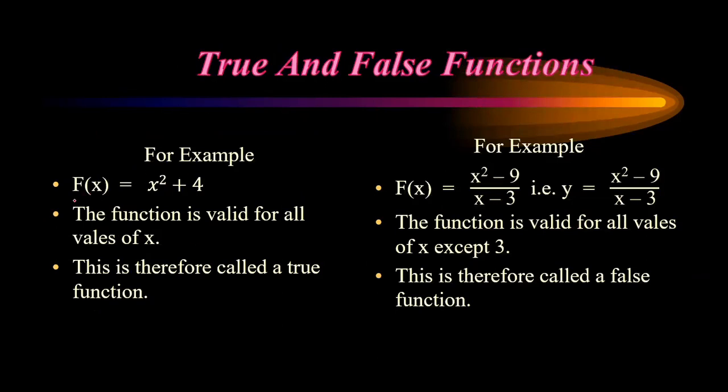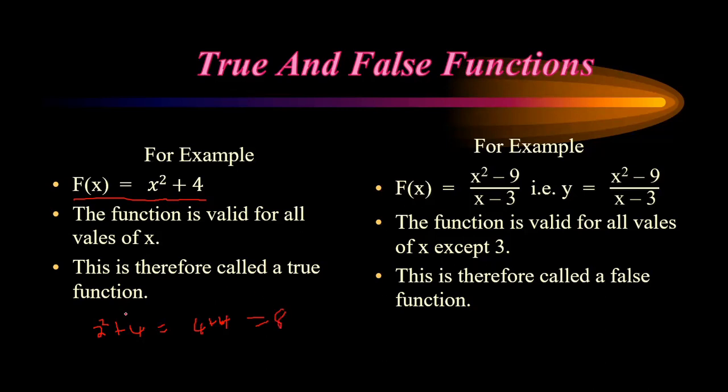Now let's look at some examples of this true and false function. For example, if we have f(x) equals x squared plus 4. Now this function is valid for all values of x, meaning that all the values we put into this will not give a wrong result. Example, if we put 2, it will be 2 squared plus 4, and 2 squared plus 4 will give us 4 plus 4, which will give us 8.